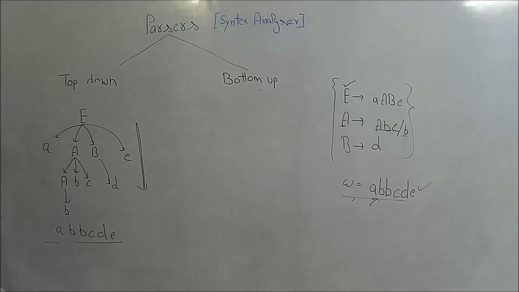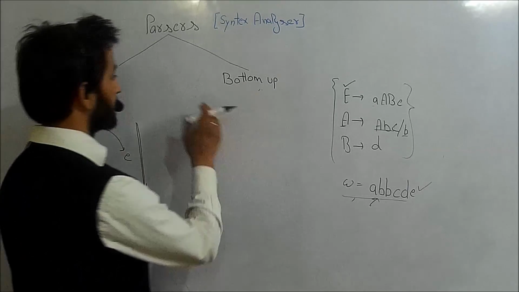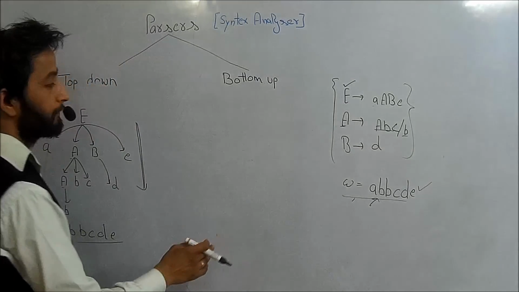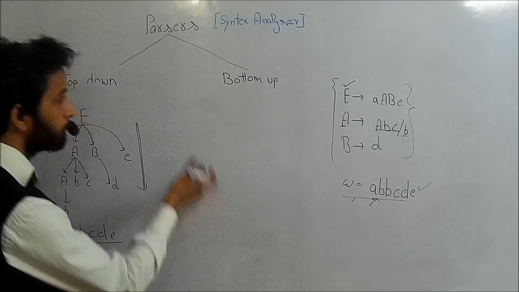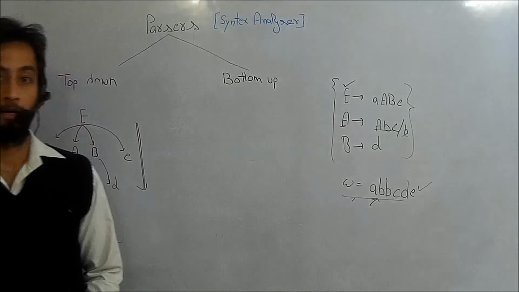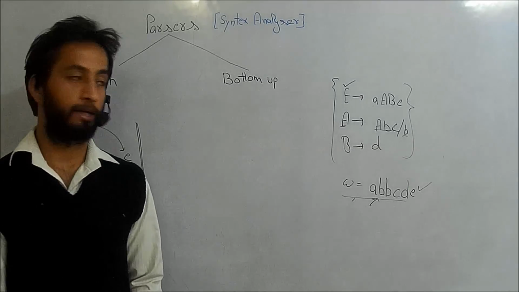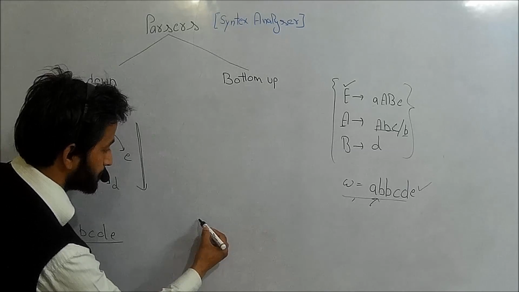I am moving from top to the bottom. But in case of bottom-up parsing, I will start from the string, or the bottom, and move upward. Means I will take the string and reduce that string to the starting point, which is E. So let us see.